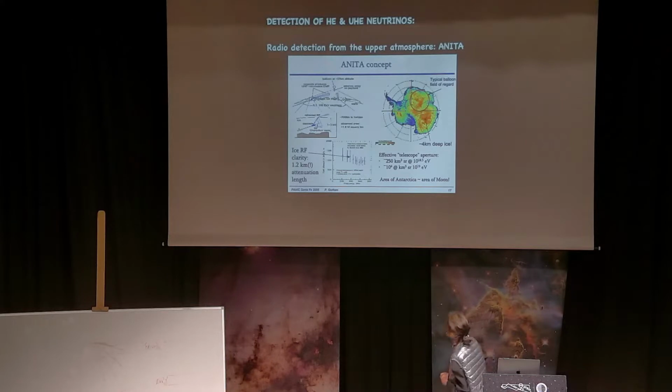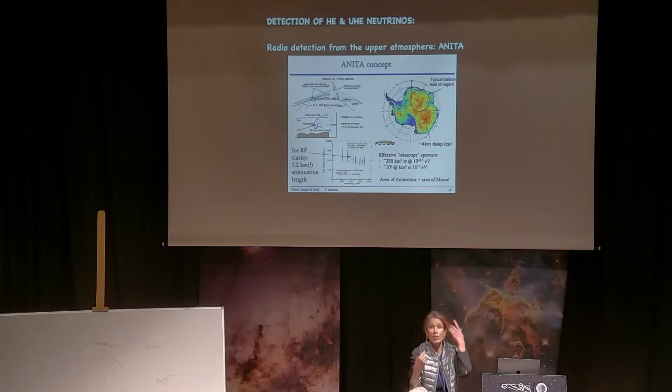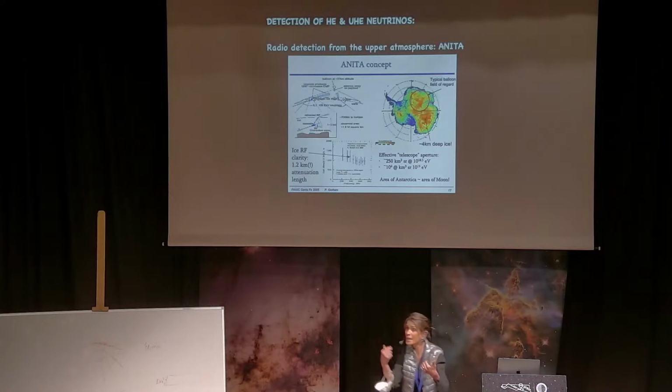So ANITA is a balloon that has, imagine, an effective telescope aperture of roughly 250 cubic kilometer steradian at these energies, right? So this is the field of regard. This is Antarctica, right? What it looks for is radio emission, this Askaryan coherent radio emission from neutrino interactions in the ice, okay?